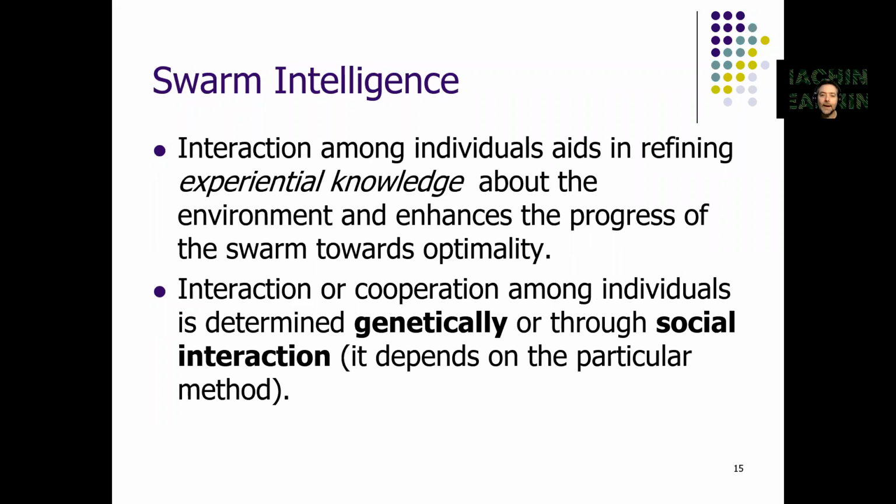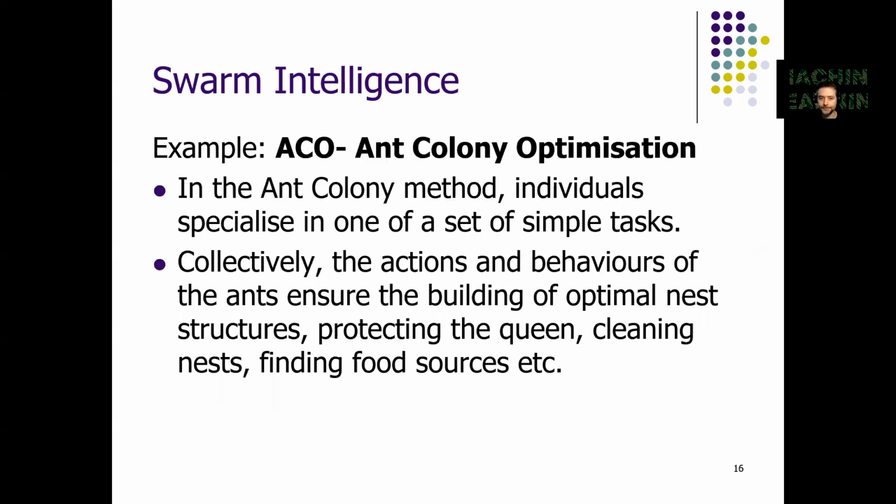So it's the interaction between the members of the population and the knowledge that each member collects about local behavior that can help the whole population, or swarm, as it's called in this case, to reach optimal solutions. It's quite interesting because the members of the population and the operators reflect genetic factors, as well as social interaction between the members of the population.